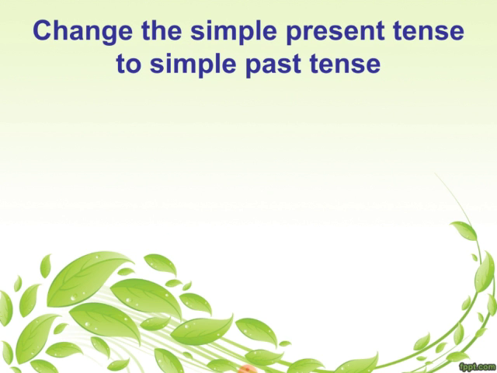So let's do one exercise. Change the simple present tense to simple past tense. First example, dry leaves fall off. Dear children, you have to identify the verb. If you are not able to identify the verb, it will be very difficult for you to change the tenses.